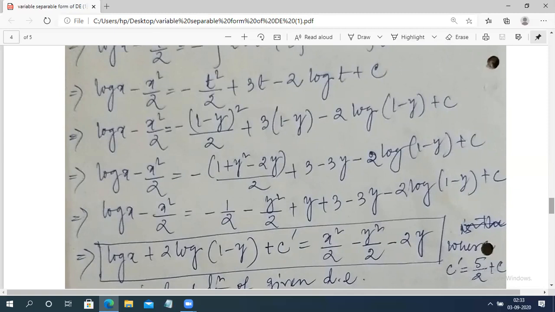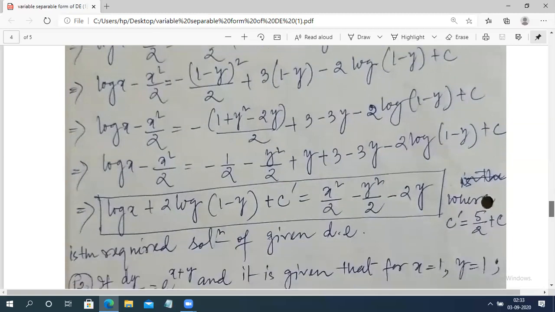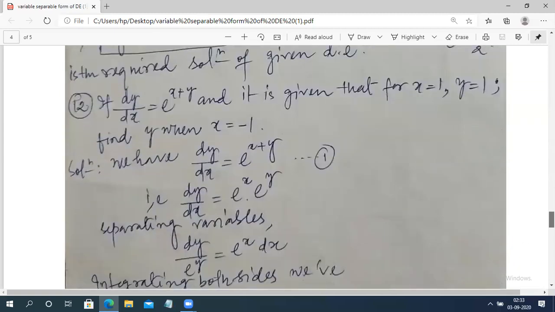When the arbitrary constants are general, that means there is no particular value, then this is known as the general solution. So in most of the questions we find the general solution of the differential equation. But in the next question we are going to find the particular solution. The method is the same.